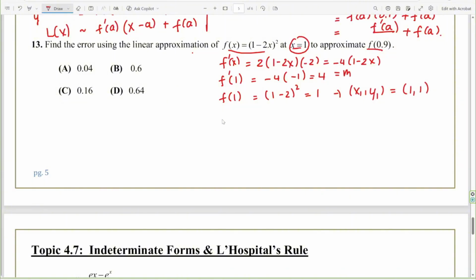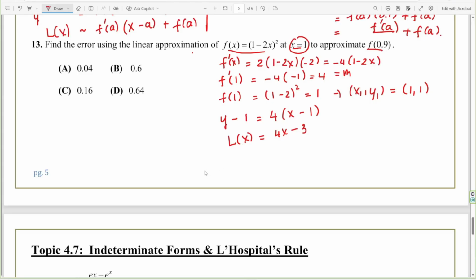So the equation of the tangent line is y minus y1, y1 is 1, equals m, which is 4, times x minus x1, which is 1, right? So if I simplify this one, it's going to be 4x minus 4, and then you add 1, it's going to be minus 3, and replace y with L of x, right? Now we need to approximate this one, right?